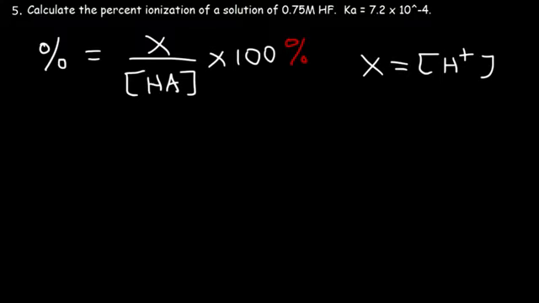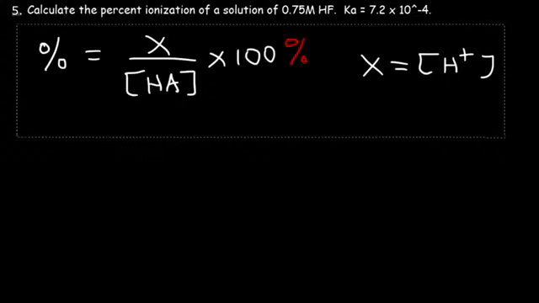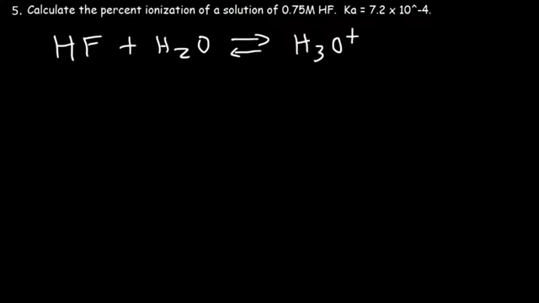So now, let's go ahead and write a reaction. Once a weak acid is in a solution, let's say when it's dissolved in water, it's going to ionize. And because it's weak, the reaction is going to be reversible, so we need to put two arrows. Acids will always generate H3O+, the hydronium ion, and we're going to get the conjugate base, fluoride.